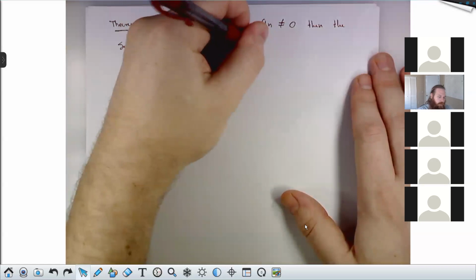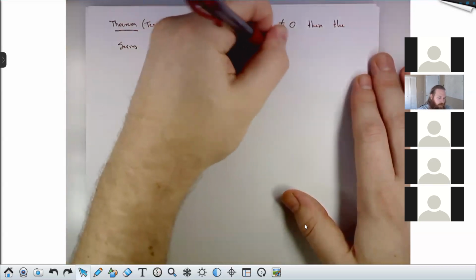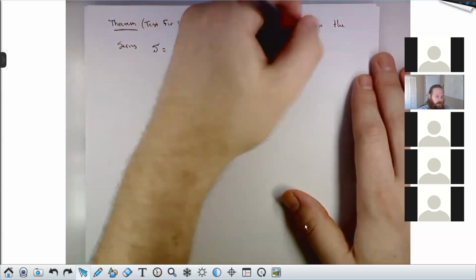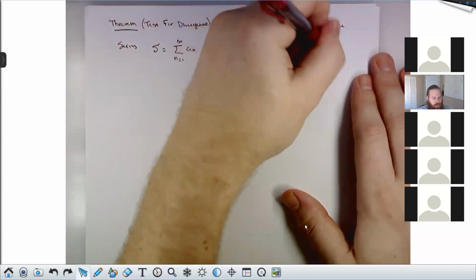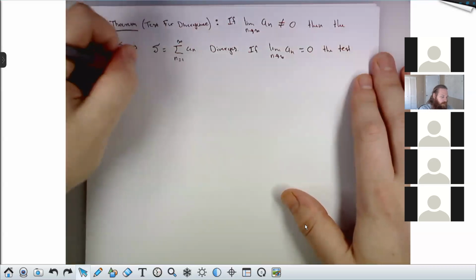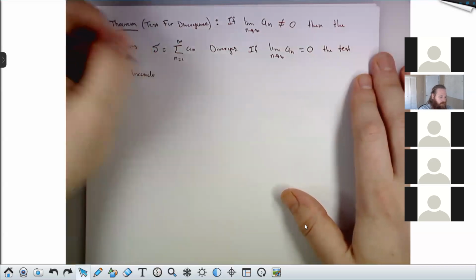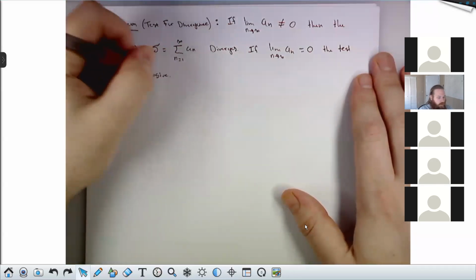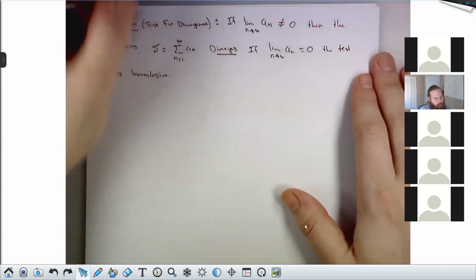And if the limit as n goes to infinity of a_n is 0, the test is inconclusive. And you need to remember both of these.